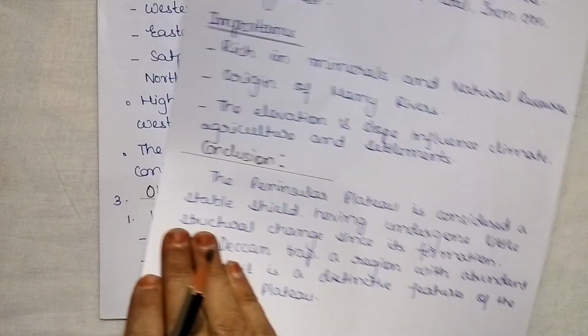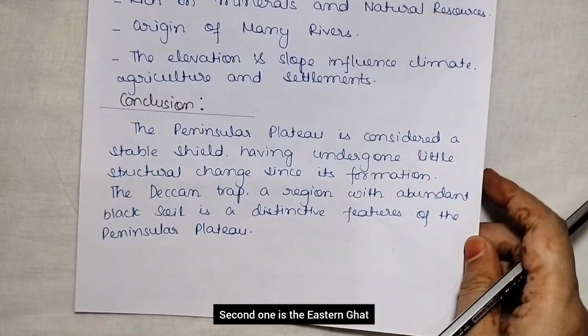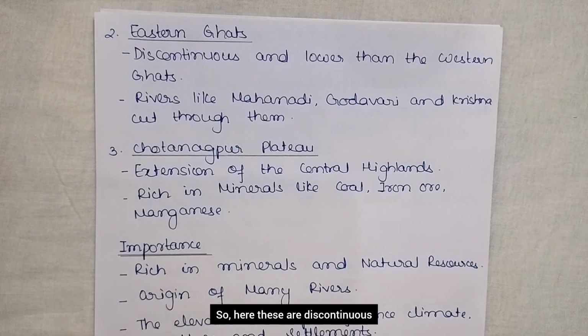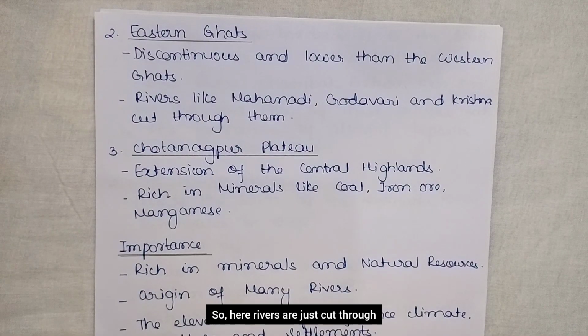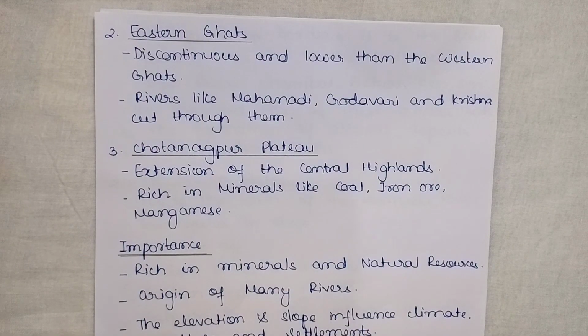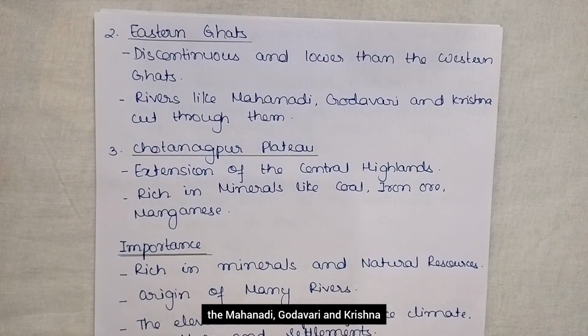The second one is the Eastern Ghats. These are discontinuous and lower than the Western Ghats. Rivers like the Mahanadi, Godavari and Krishna cut through them.